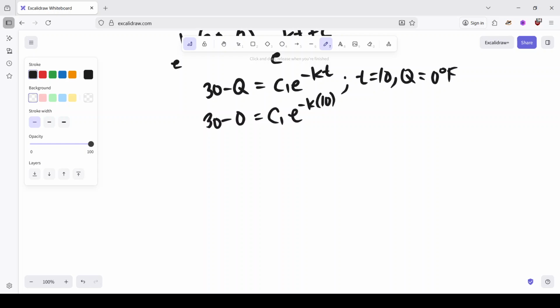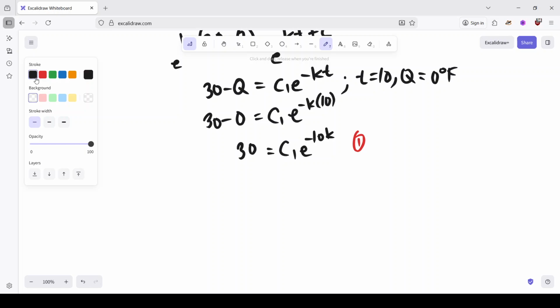Okay, so 30 is equals to c1 e raised to negative 10k. Now this will be our first equation. Since we have no k, we cannot simplify for c1.